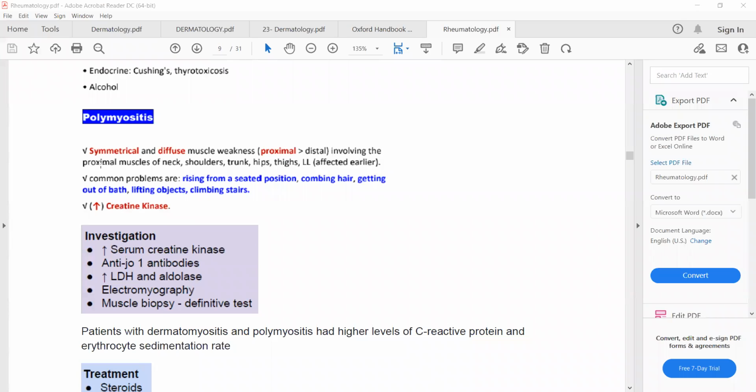On investigation, because polymyositis results in the destruction of skeletal muscle fibers, creatine kinase will be released. We discussed this in rhabdomyolysis, which is due to prolonged immobility, trauma or muscle injury, where creatine kinase is also increased. In polymyositis it is also increased, but the cause is autoimmune.